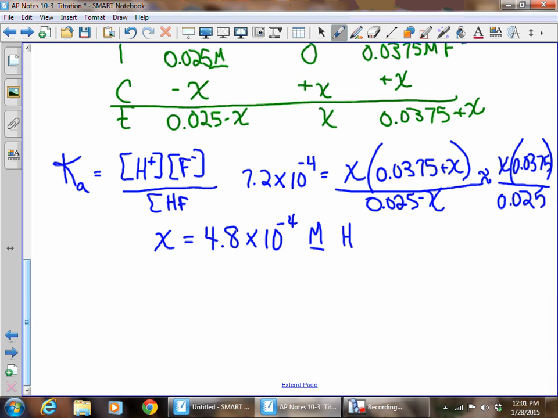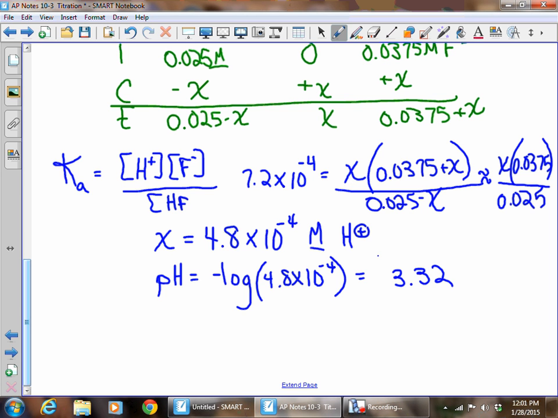We have to be very careful that we're paying attention to that. So it wanted pH. pH is the negative log of that value. So our pH is 3.32. So that's our pH value before we reach the endpoint.